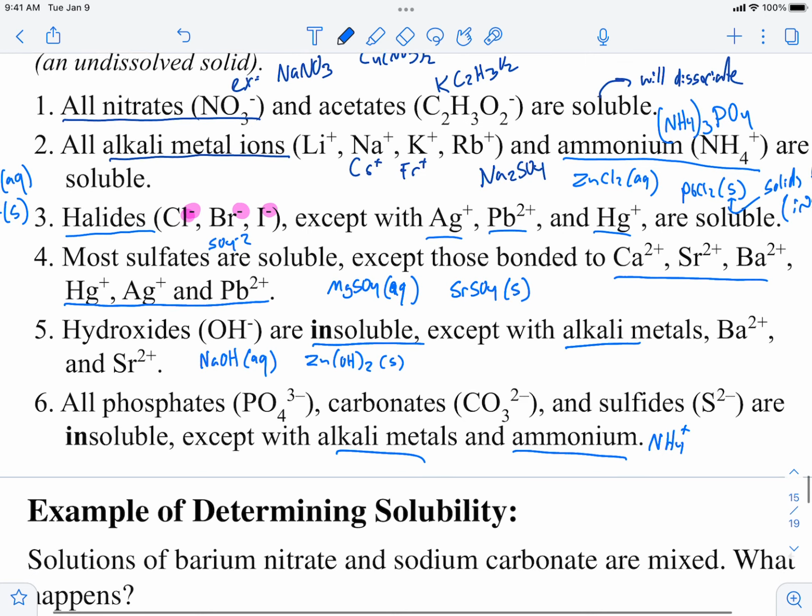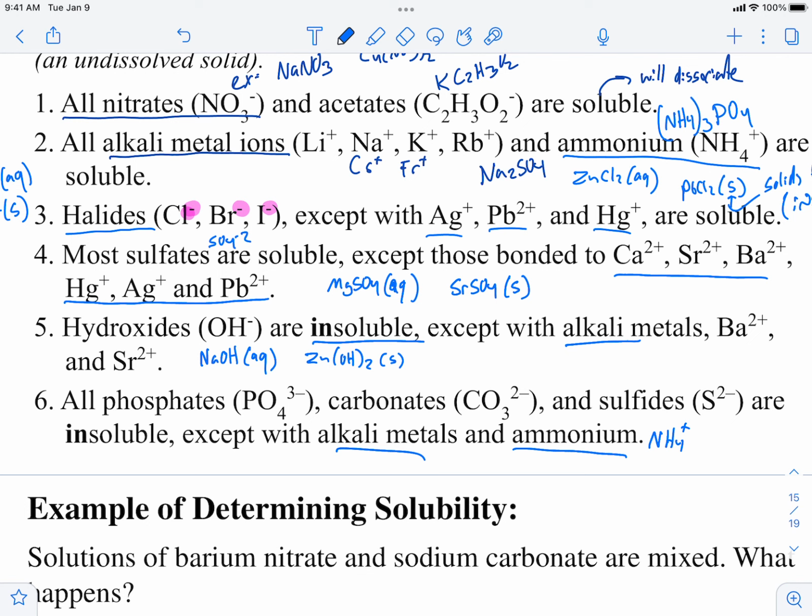So something like PbCO3. That's a carbonate. So what should we put in there? AQ or S? Yeah, S. That's insoluble. Sulfide is S with a charge of -2.